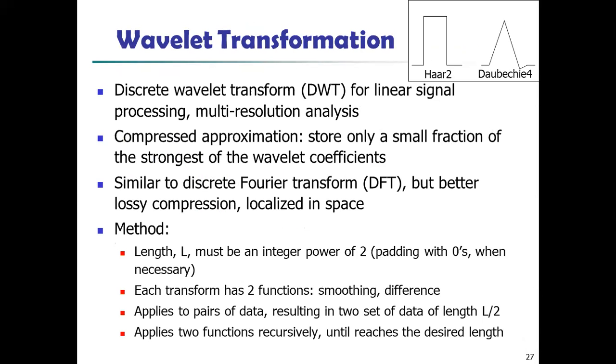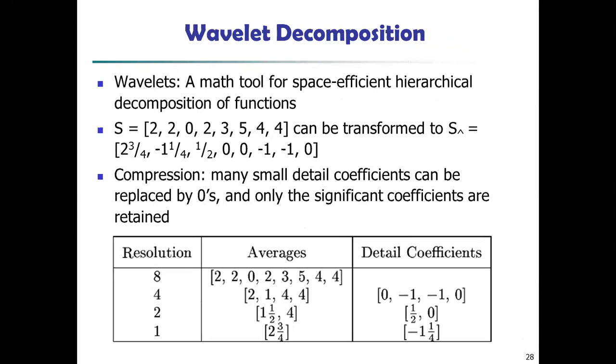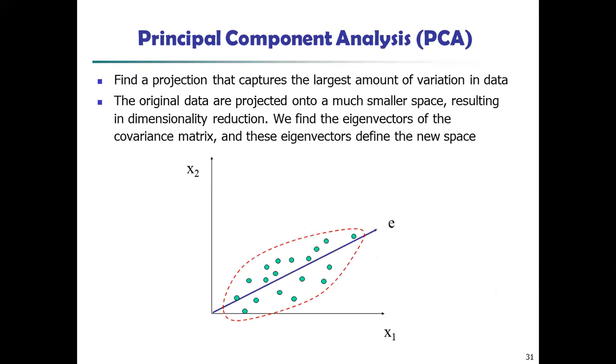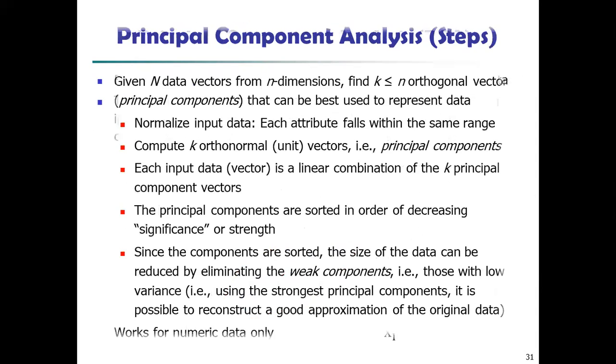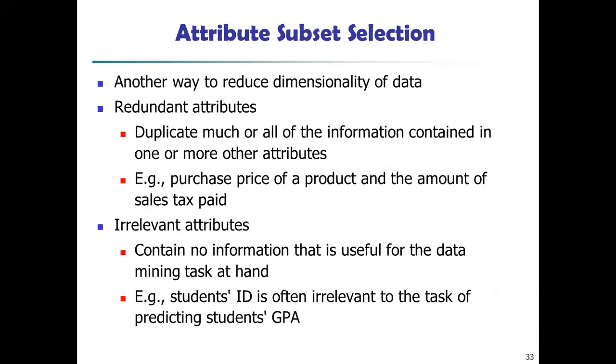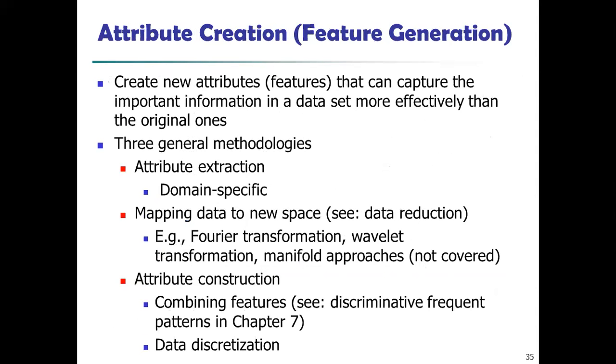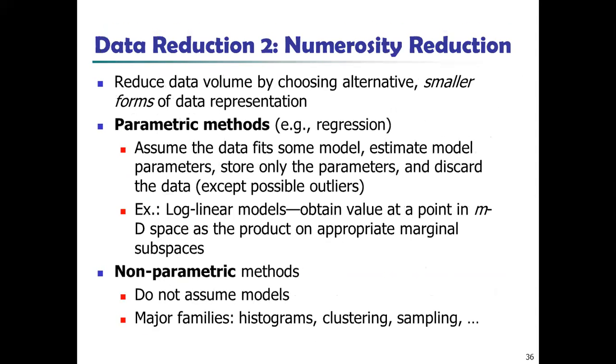The last one is feature selection, that is attribute subset selection, heuristic search attribute selection. This is feature generation. All these three methods are related to dimensionality reduction.